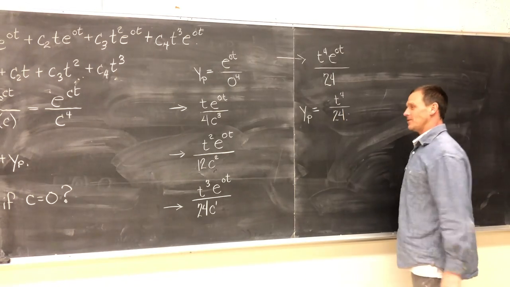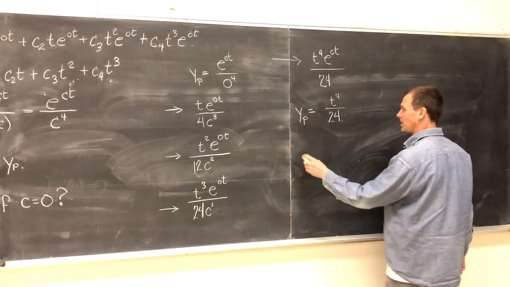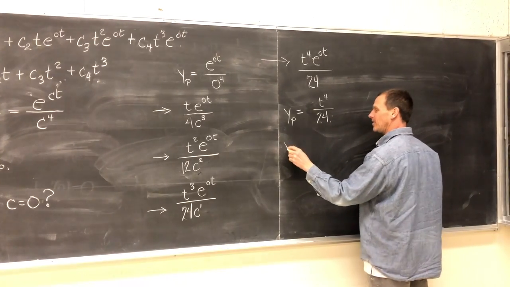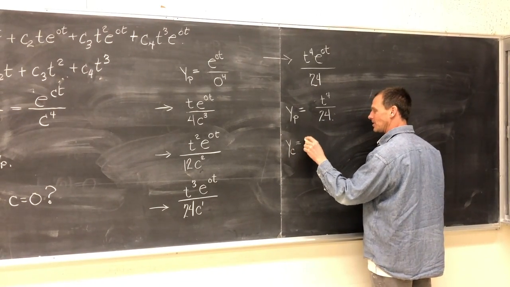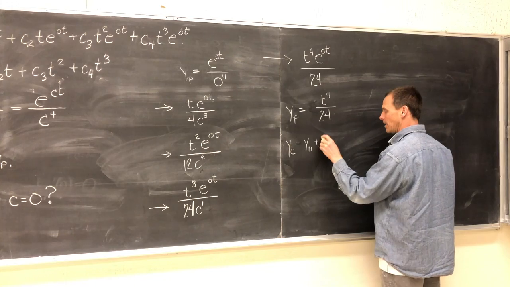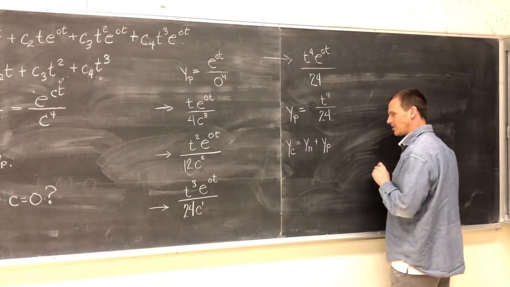And now you can write your complete solution. Just to see this, I think it helps. Your complete solution is the null solution plus the particular solution.